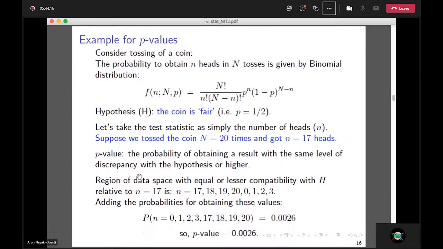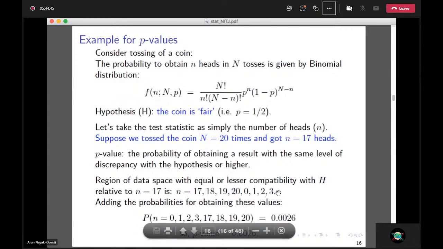We can look at the region of this distribution which has equal or lesser compatibility with H than 17. The ones with lesser compatibility with H are on both sides of the tail, right? 17, 18, 19, 20, and on the other side 0, 1, 2, 3.